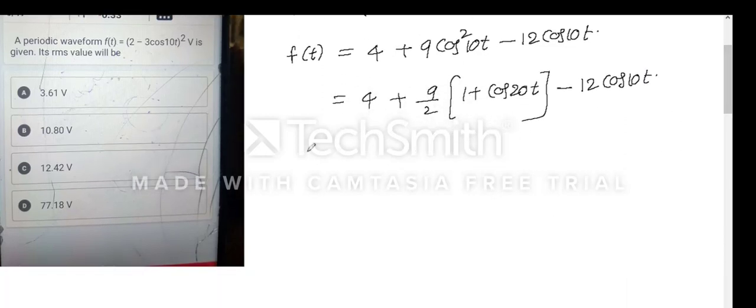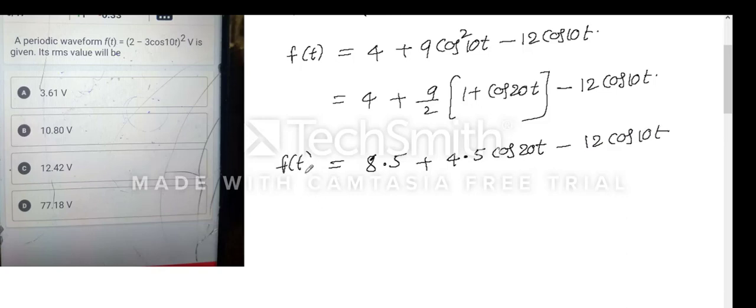So from this, what I can say, it is 8.5 plus 9 by 2. How much is 9 by 2? That is 4.5 cos 20t minus 12 cos 20. So this is my f of t.